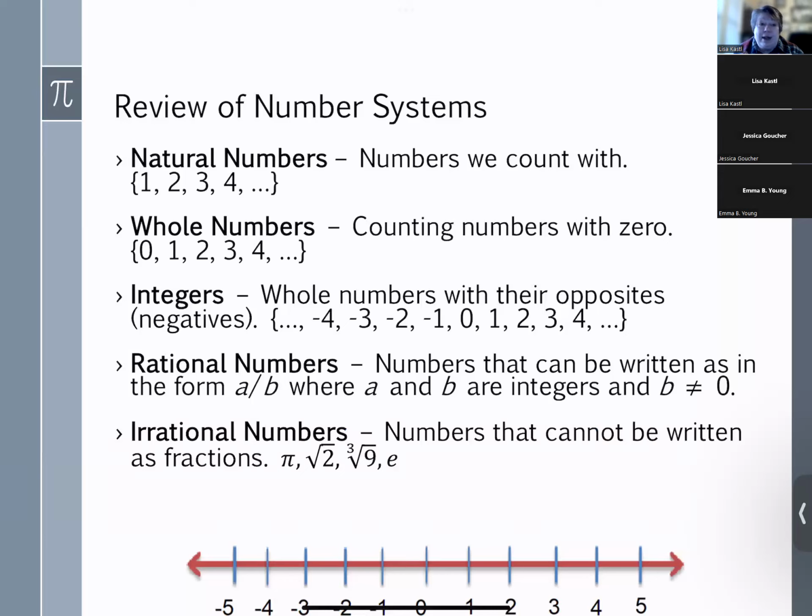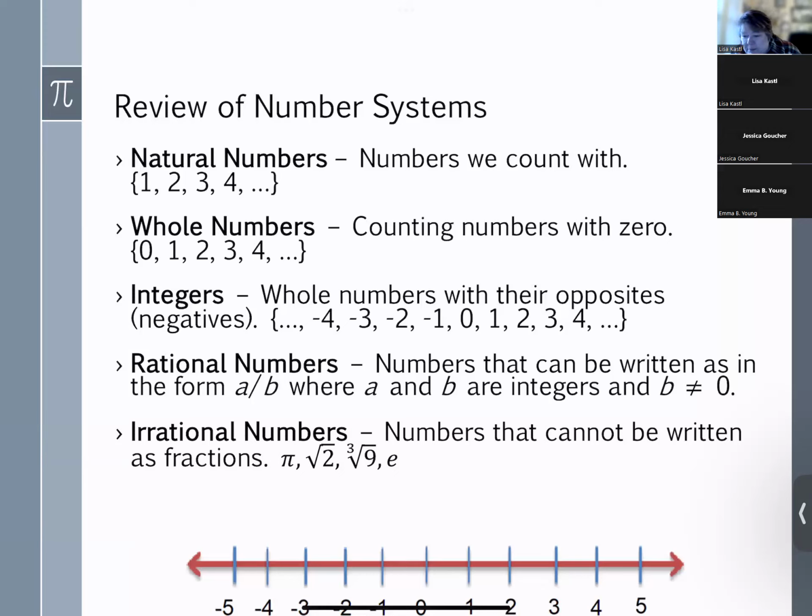Irrational numbers are numbers you can't write as fractions. Their decimal doesn't terminate or it never repeats, and there are an infinite number of them. Pi is an irrational number. It never terminates and never repeats. The square root of 2 is irrational. Those numbers you cannot write as fractions.